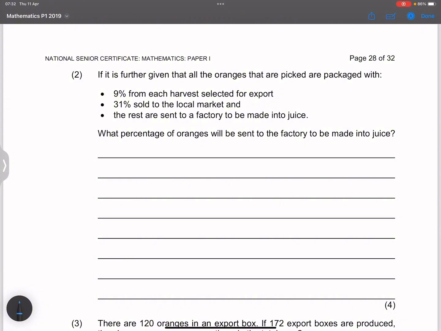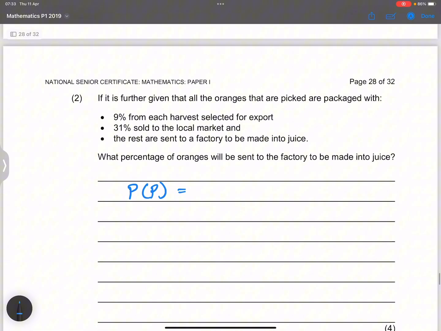Now, ladies and gents, I want you to note, first of all, those are the oranges that are picked. So in this case, I'll say the probability of picking oranges. Now remember, we had the probability of not picking, right?